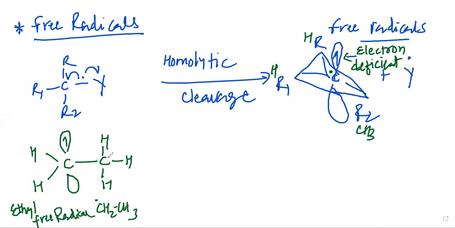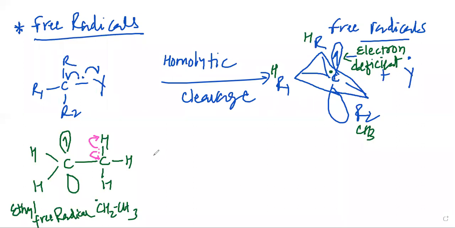Now what happens? There will be again a homolytic cleavage here. And you can see that there are two electrons present over here. So one electron goes on hydrogen, another electron goes on carbon.